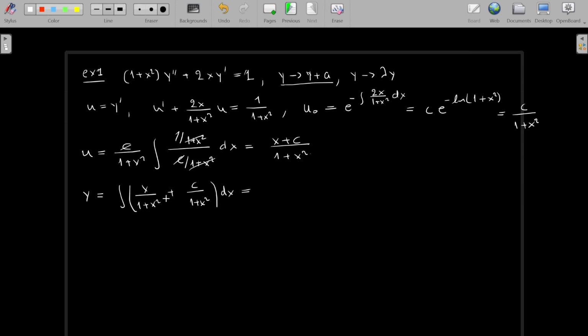And this is just 1/2 ln of 1 plus x squared plus a constant times the integral of this, and this is the arctangent. So let's say the arctan of x plus another constant. And this is the solution, where we chose shifting symmetry of y.